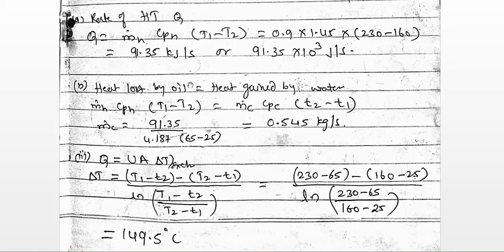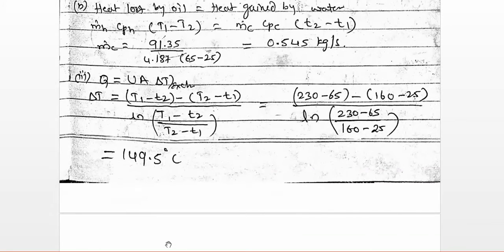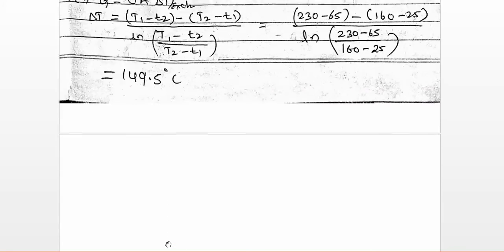We know all the values here, so just substitute all the values in this expression. You will get delta T equal to 149.5 degrees Celsius. From this equation we can calculate the area.